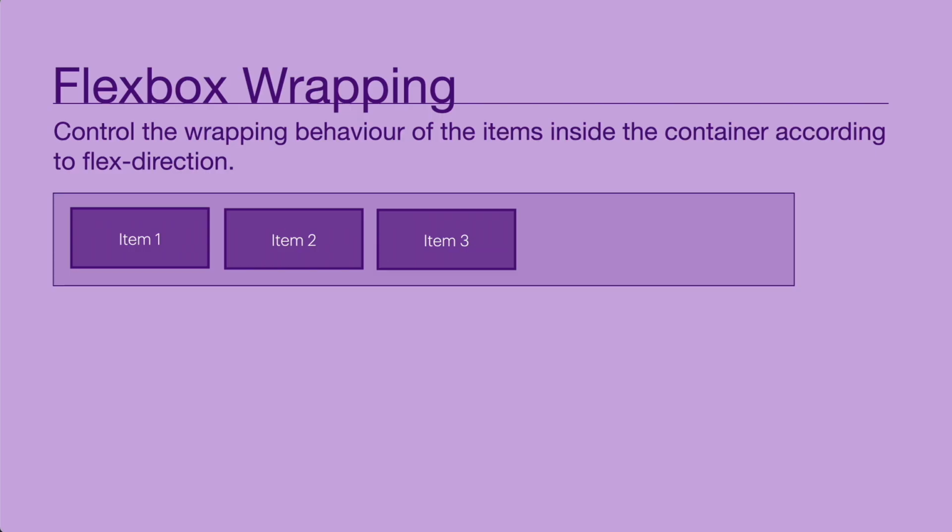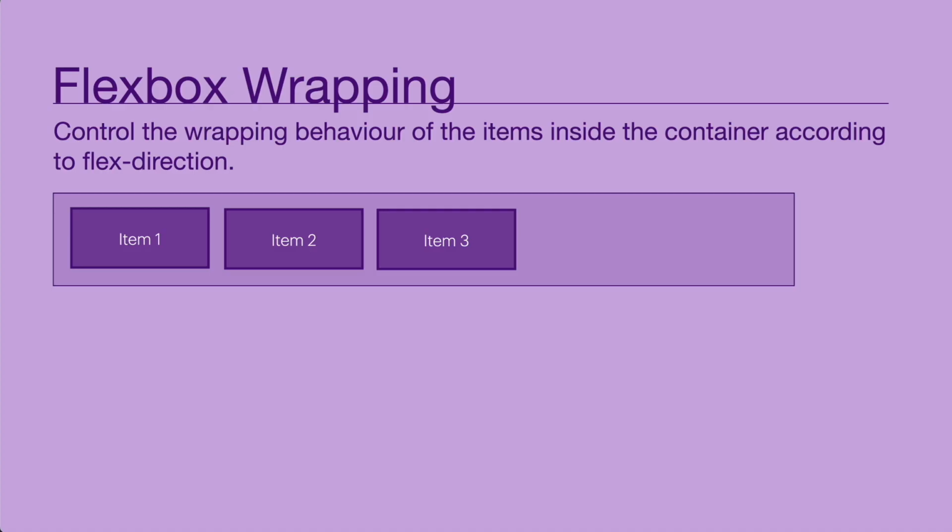In other words, the flex-wrap CSS property sets whether the flex items, these items that we have here, are forced onto one line going like this, or they can wrap into multiple lines. If wrapping is allowed, it sets the direction that lines are stacked.